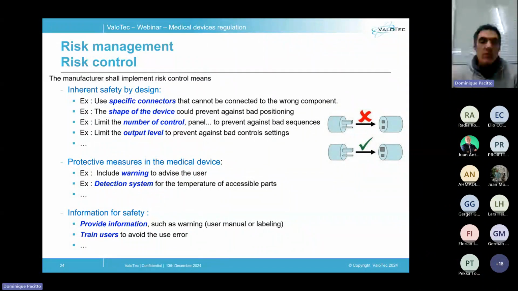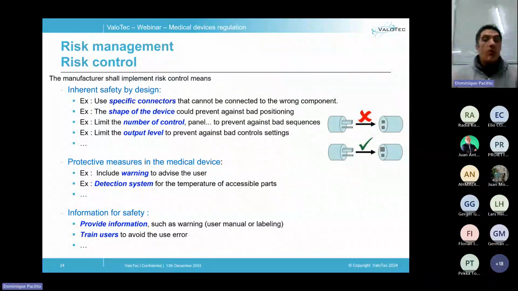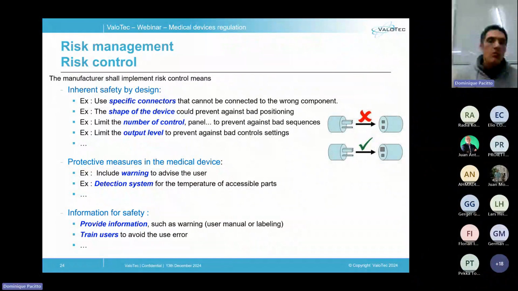Protective measures could be an alarm system to indicate failure, for example, a detection system that stops the device if parameters exceed their acceptable ranges, for example, mechanical guards protecting users against moving parts of a device. And at last, information for the safety could be a warning provided within the user guide, a label applied on the device, or a training to avoid use error.